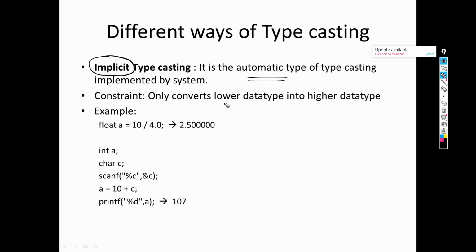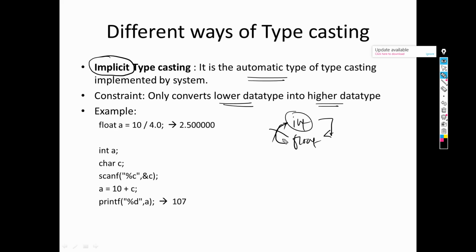It can convert lower data types into higher data types. Meaning, if we have an integer data type and a float, then this integer will be automatically converted into float. But the reverse is not possible. If you want to convert float into integer, then it is not possible.